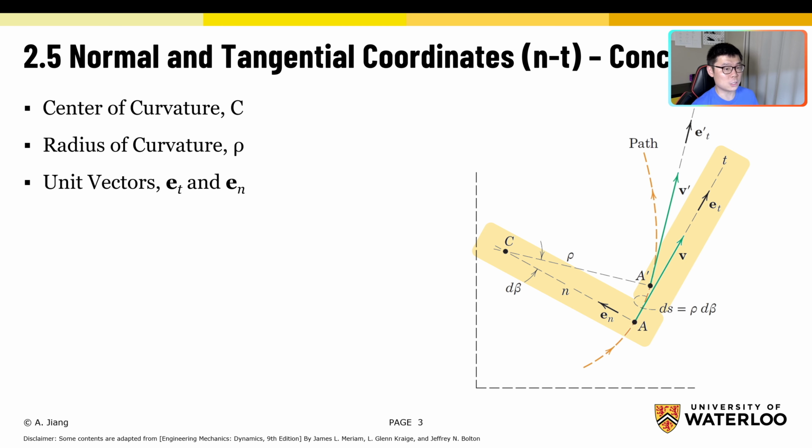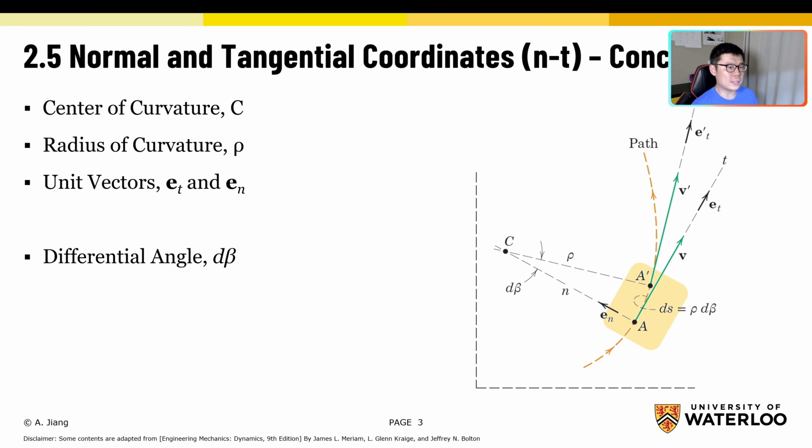We'll have the tangential direction. So knowing the two basic directions in the NT coordinates, that's where the n comes from. N is normal, T is tangential. Just like the i and j in the XY system, we also have the two unit vectors in the NT system: en, the normal unit vector, and et, the tangential unit vector.